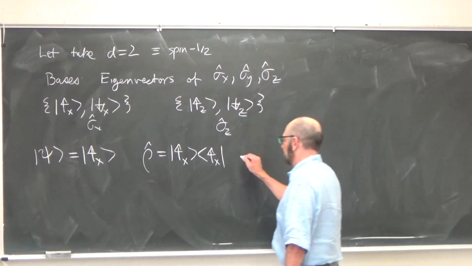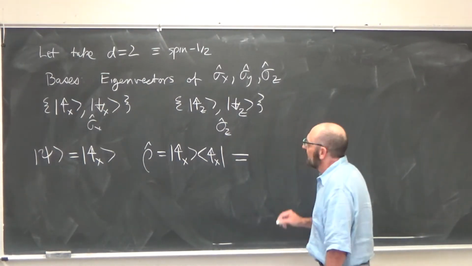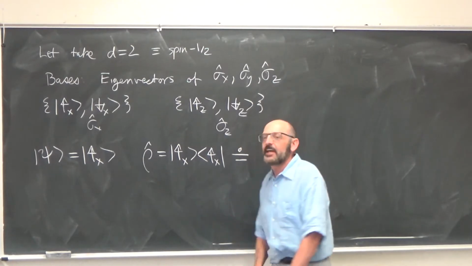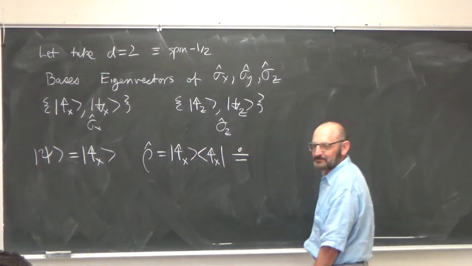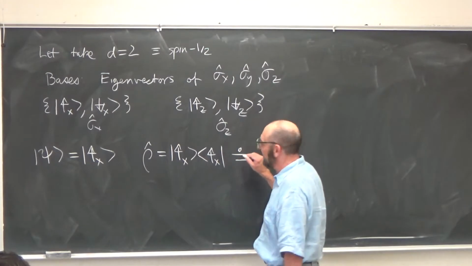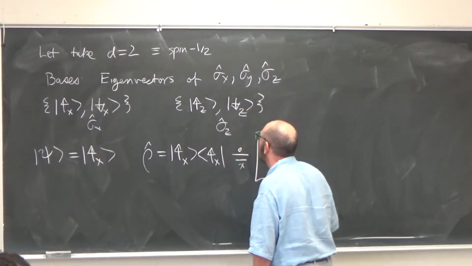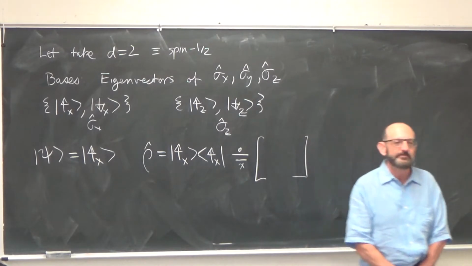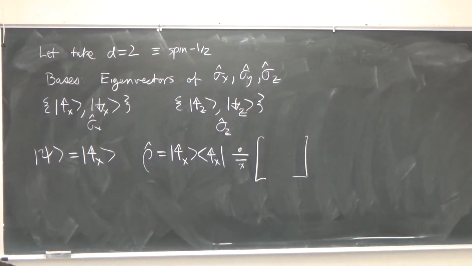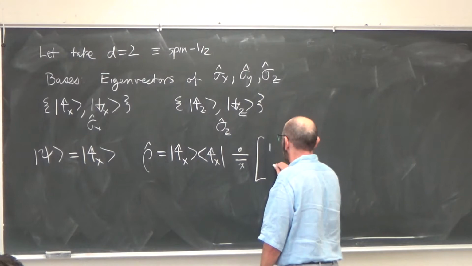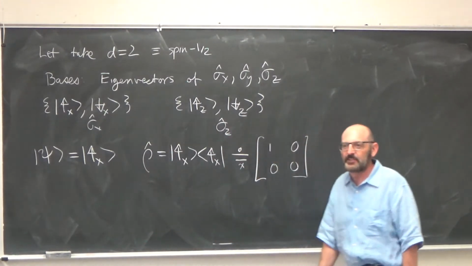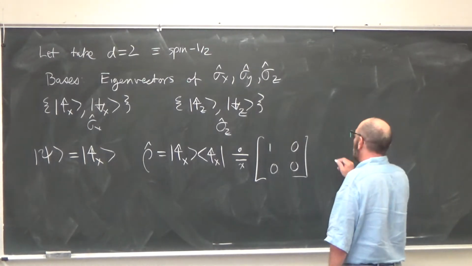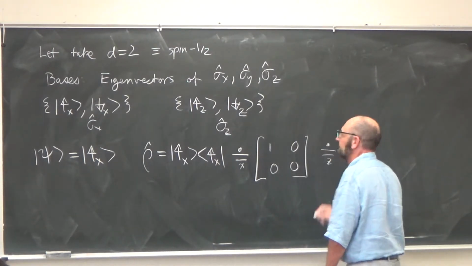As a matrix, in Deutschian notation, when I write it as a representation, I put a dot on top to say that this is a representation with respect to a particular basis. So this is a basis-dependent thing. If I look at this in the x basis, what does this matrix look like? 1, 0, 0, 0. Of course, you have to decide on the order. This is the order. What about with respect to the z basis?